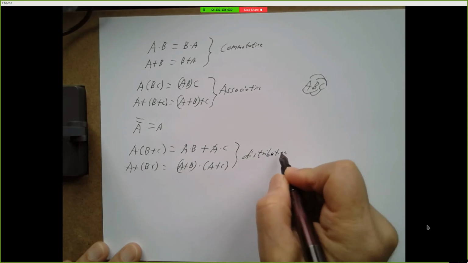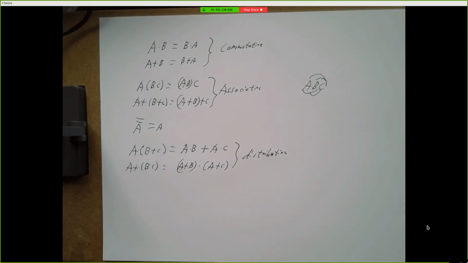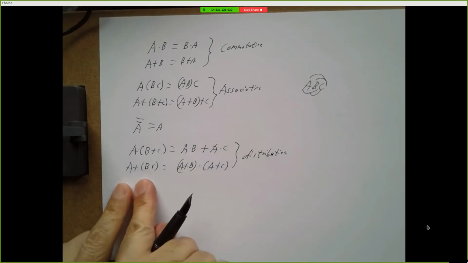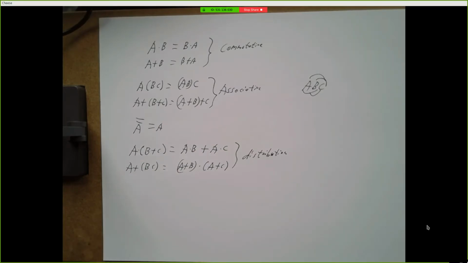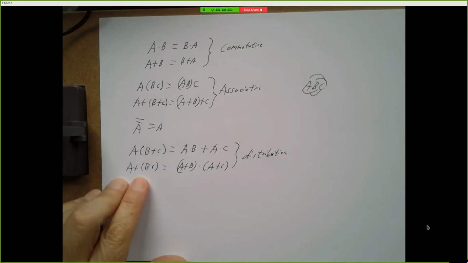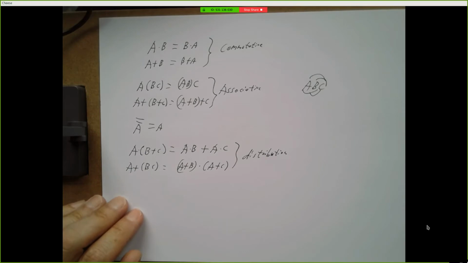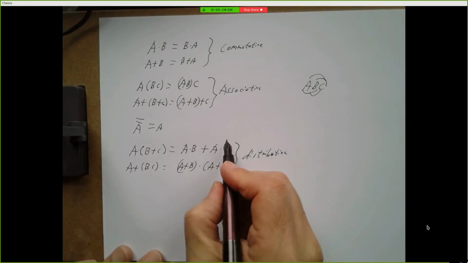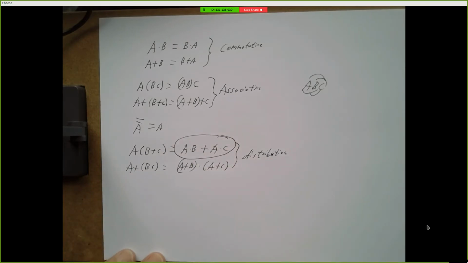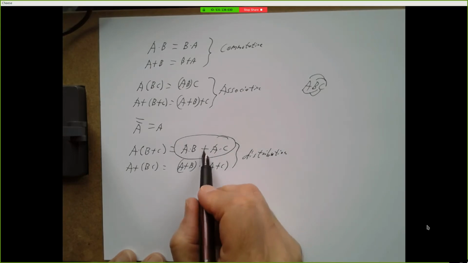And in your text, you can find a whole bunch of these things. I'm not going to go through all of them, but I want to give you a flavor of what some of these things are and what they mean. There are ways that we can manipulate equations involving binary variables into other equations. And this is useful because these equations are eventually going to turn into circuits. If we had a circuit equation like this, that would turn into an AND gate, an AND gate, and an OR gate.